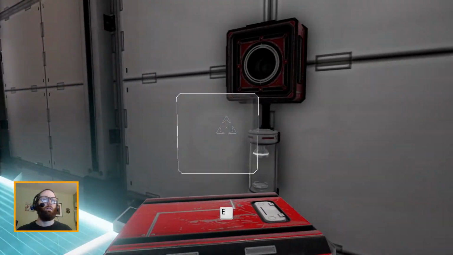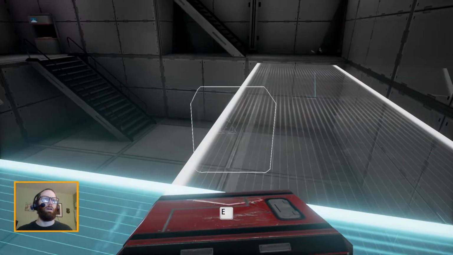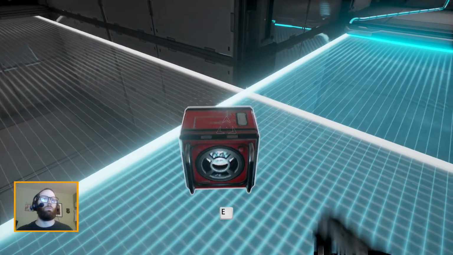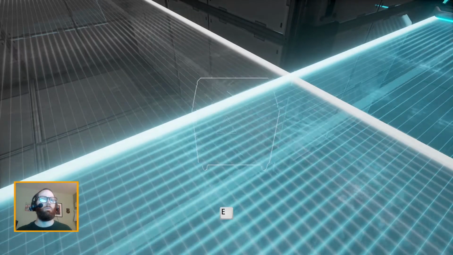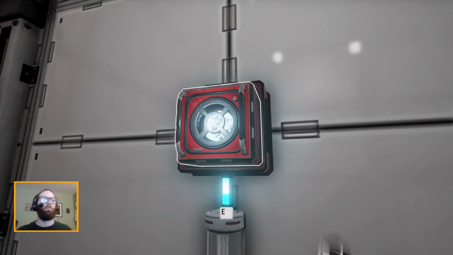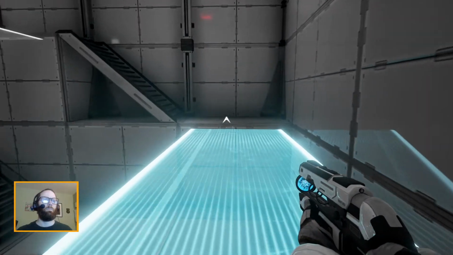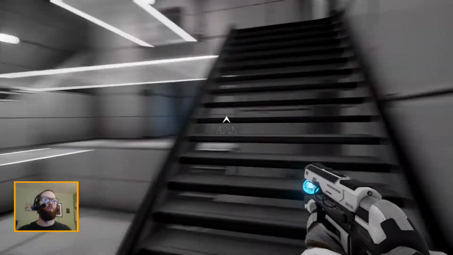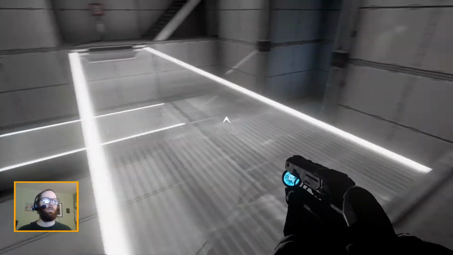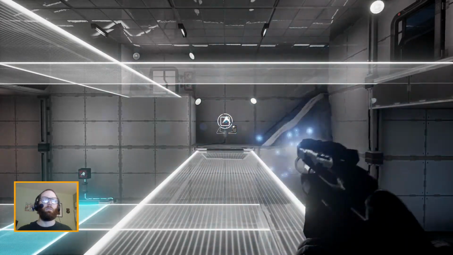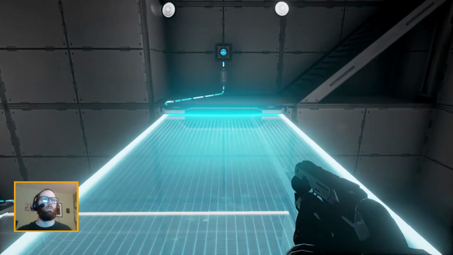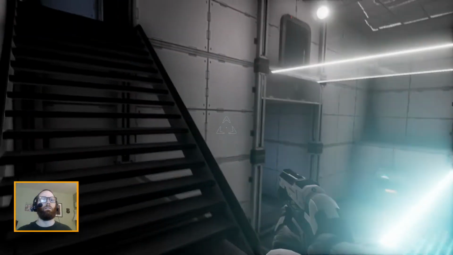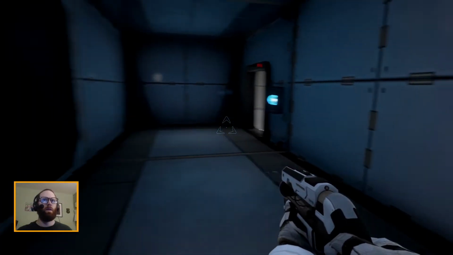And then what I want to do is take the cube with me and have this one go in there. Actually, I don't even know that that's what I want. Let's see. I might not need that. Why do I think that?